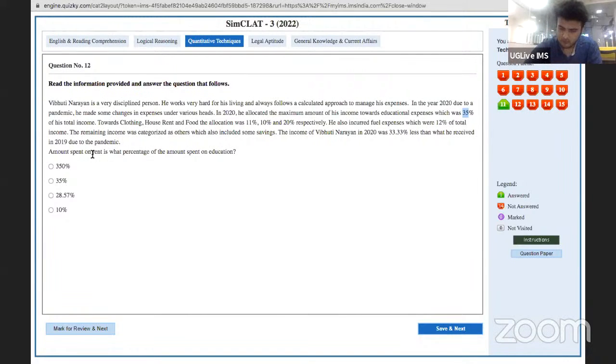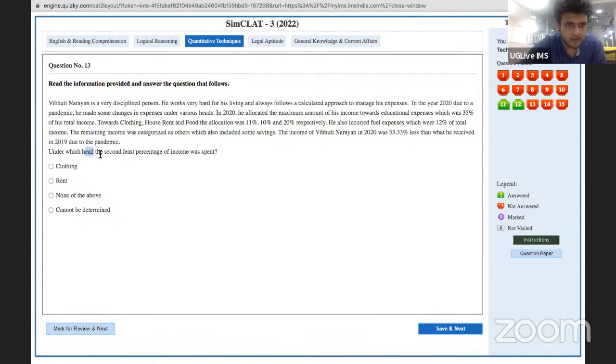Education, percentage 10 out of 35, this is 28.57. समझ गए, right? Somewhere around 28 is what I'm assuming. 10 is what percentage of 35 is what the question is asking. ठीक है, so this is 28.57.